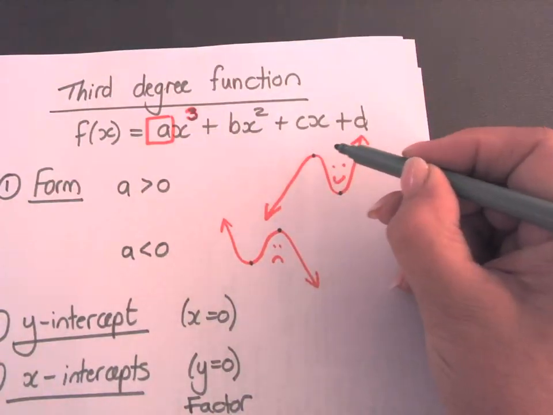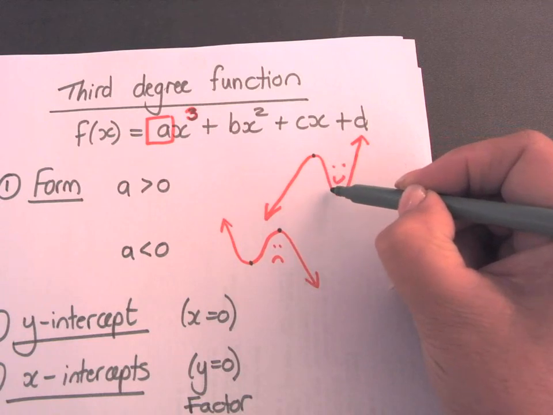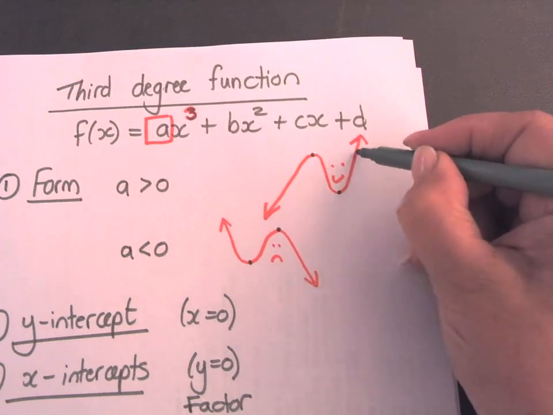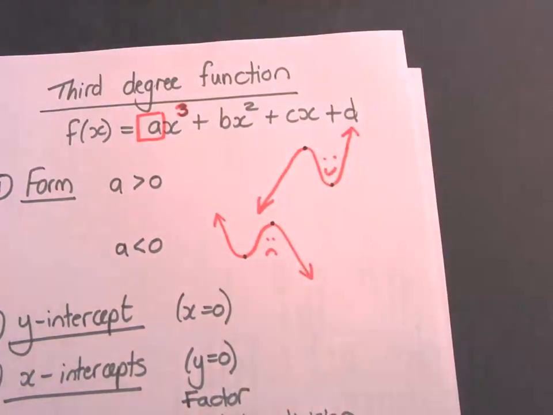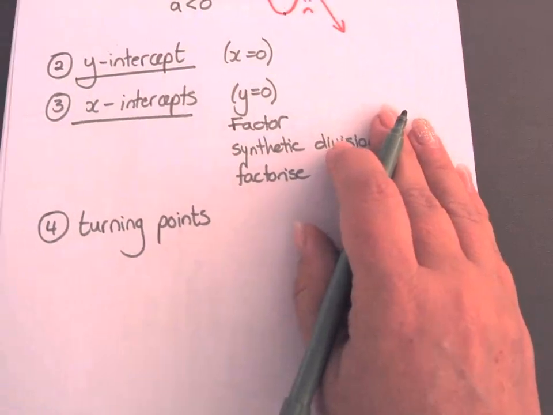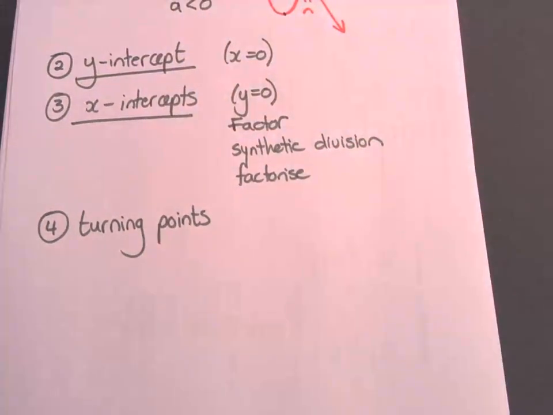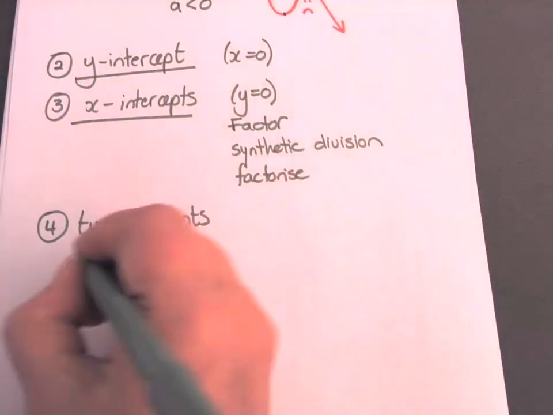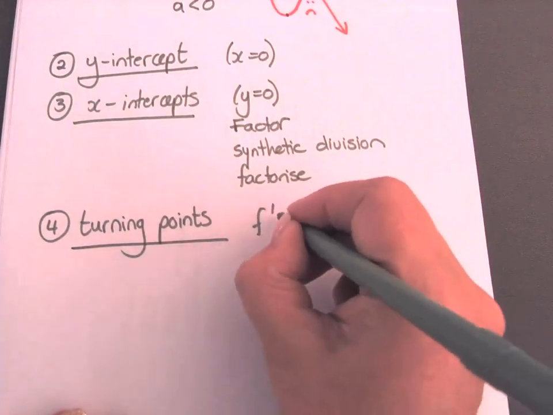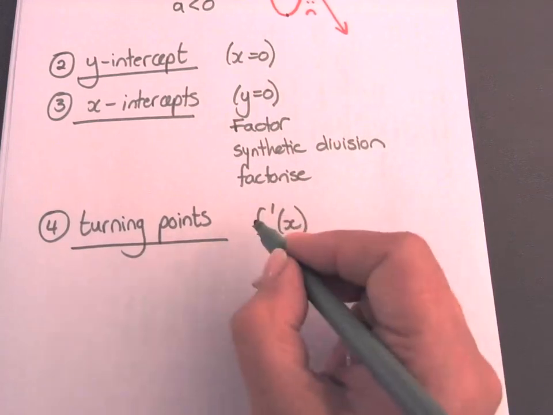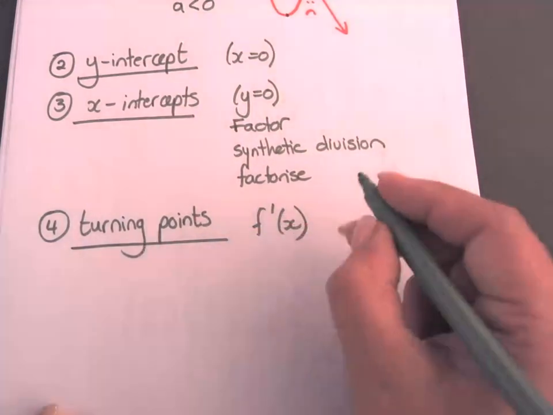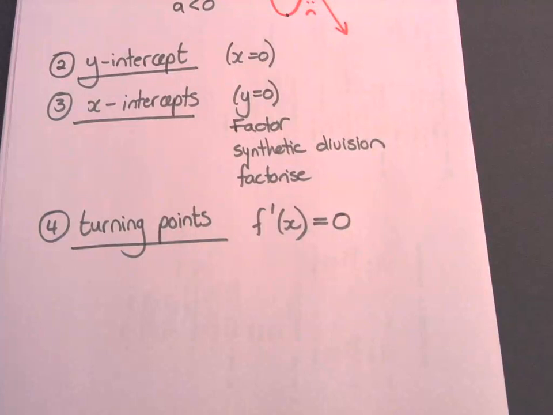What will the gradient be here? Negative. And here? Positive. What will the gradient be on top of the turning point? 0. Very good. How do you show gradient as a formula? F accent x. Can you remember from differentiation? That stands for gradient. And on the turning point, the gradient is 0.